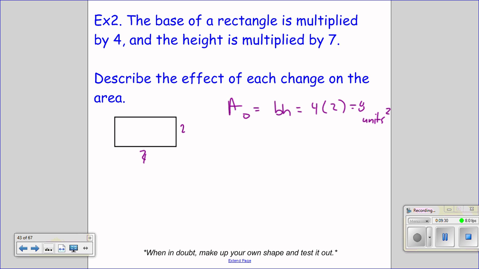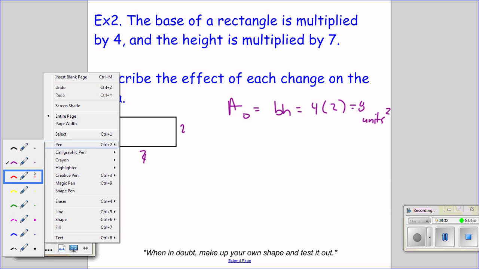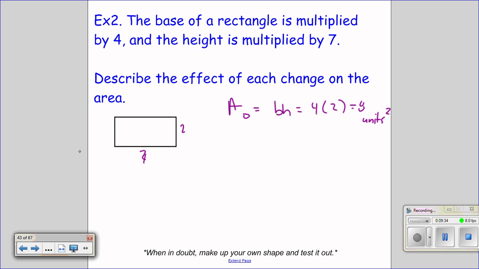So now it says our base is multiplied by 4. So 4 times 4 is 16. And then our height is multiplied by 7. So 2 times 7 is 14. So let's find the new area. Again, it's base times height. So it's 16 times 14.